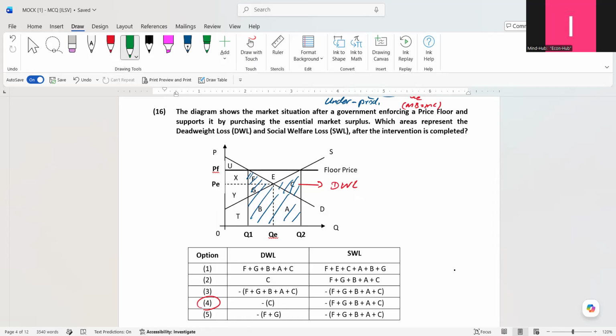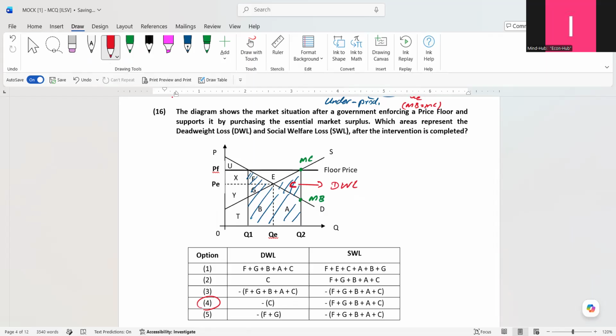The triangle that is formed when we produce and sell at Q2. You can see as we go along the Q2 quantity line, here you will have the marginal benefit and here you will have the marginal cost. Marginal cost is more than marginal benefit. Then we have allocative inefficiency. So area C is there.